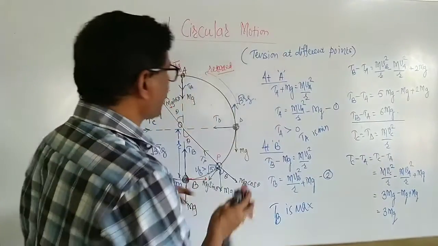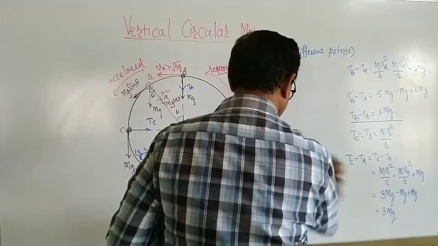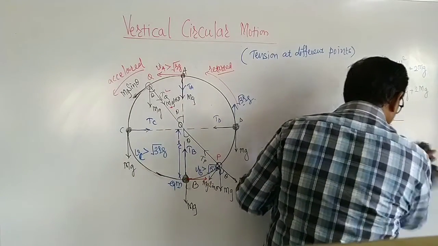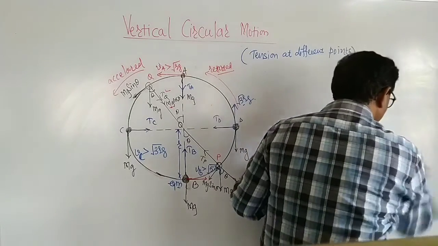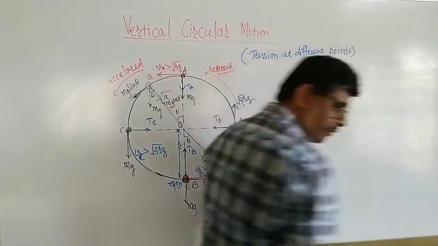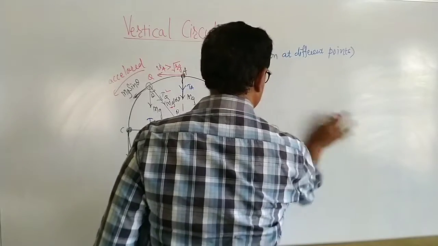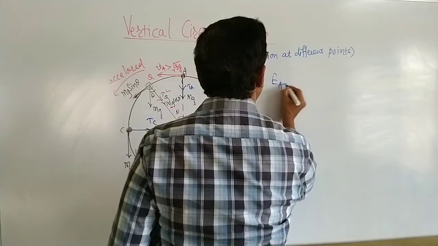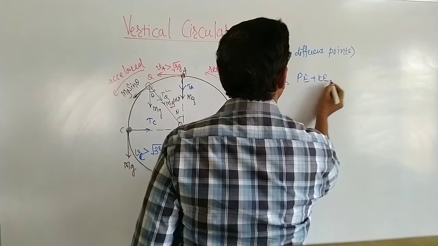In a similar manner, one more thing we are going to explain here is the minimum energy required for looping the loop. The energy at position A is equal to potential energy plus kinetic energy.